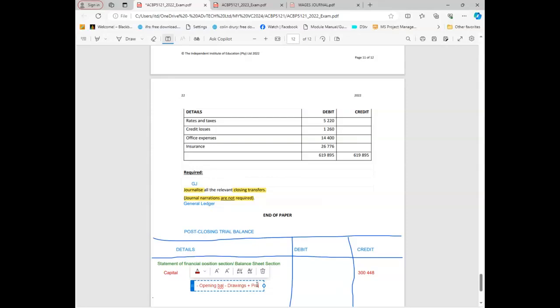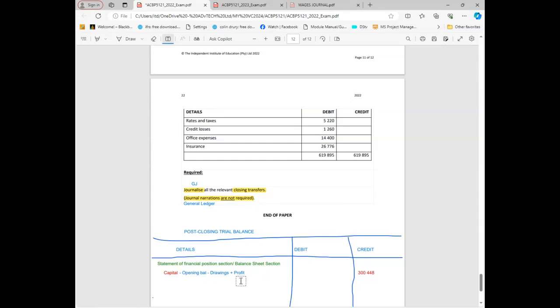If you check in that capital, that is what we did. So be careful when you are dealing with this post-closing trial balance. You must always take the opening balance, minus drawings, plus profit. In other words, this is like opening a capital account.